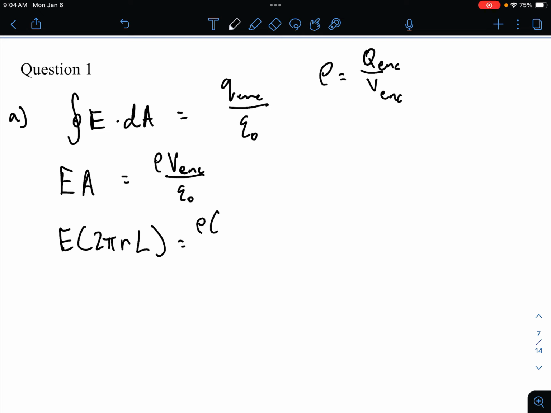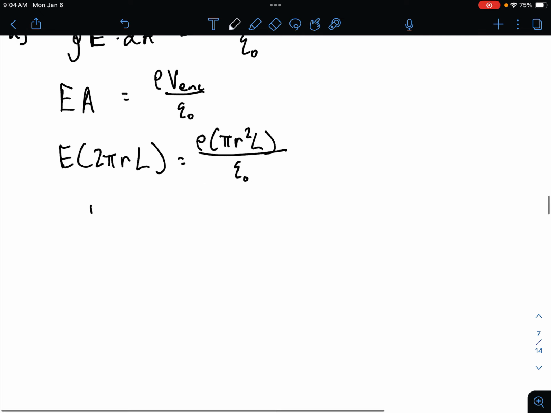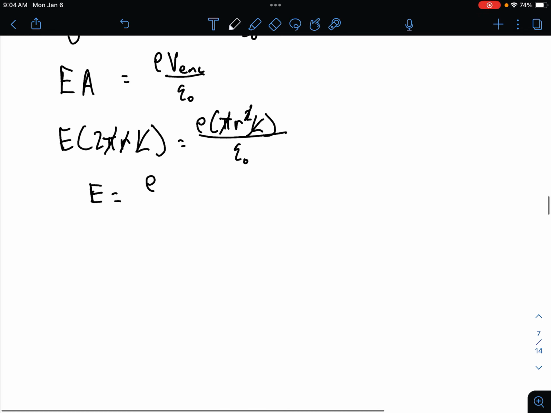So it's pi r squared times L, remember little r again, over epsilon naught. So E is going to equal, we're just dividing by 2 pi rL. The pi's cancel, one of the r's cancels, the L's drop, so you get rho r over 2 epsilon naught.